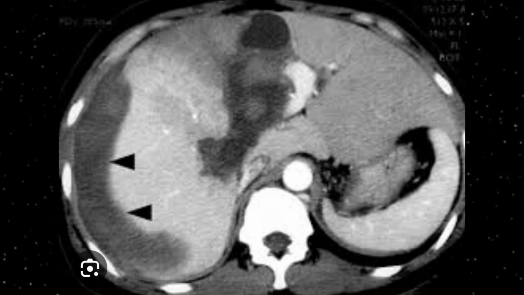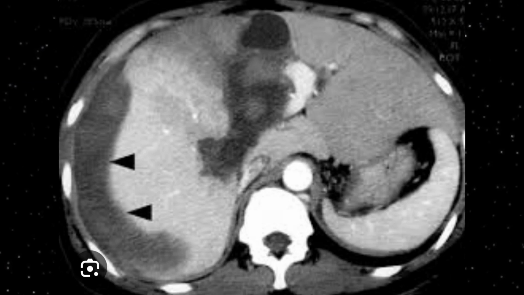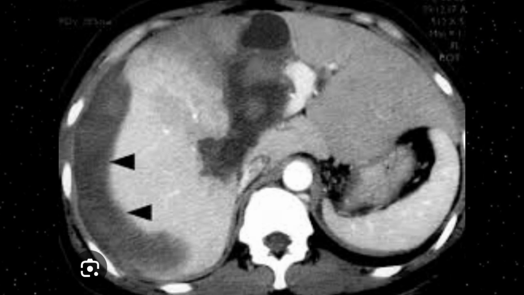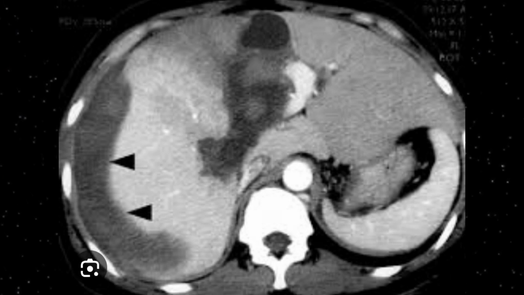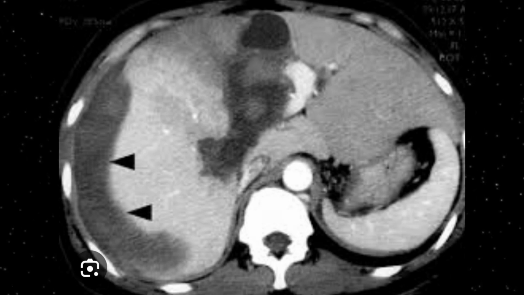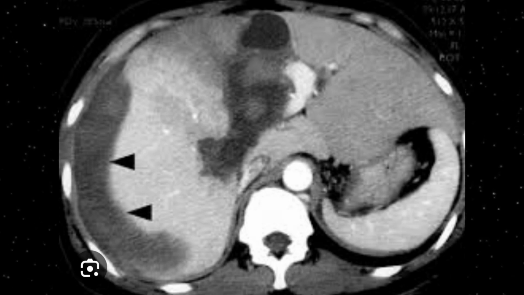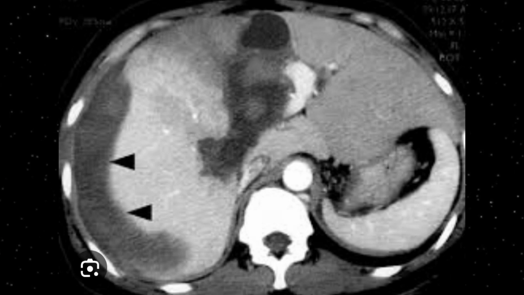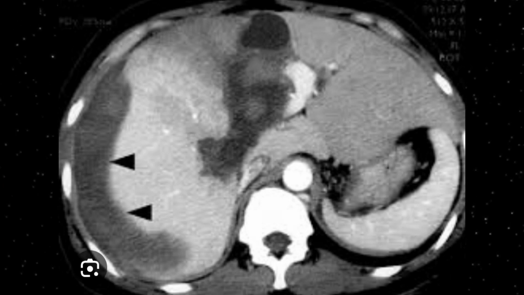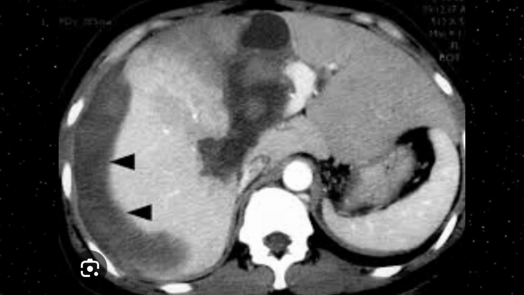The other part of the liver is normal and there is no intraparenchymal bleed, but in the internal area where the gallbladder usually lies, you can appreciate that there is intraparenchymal bleeding as well. So two findings: intraparenchymal hemorrhage besides pericapsular and subcapsular hematoma.